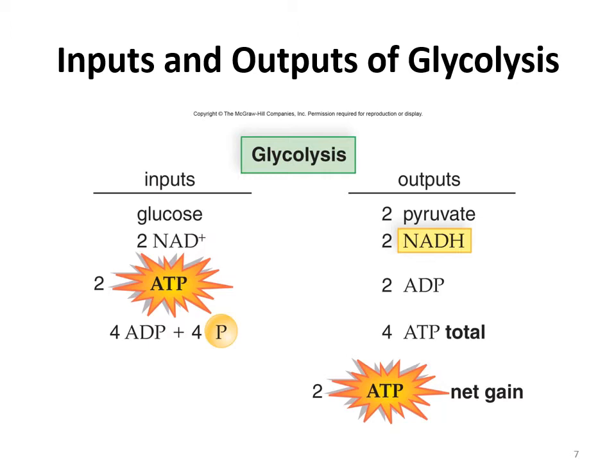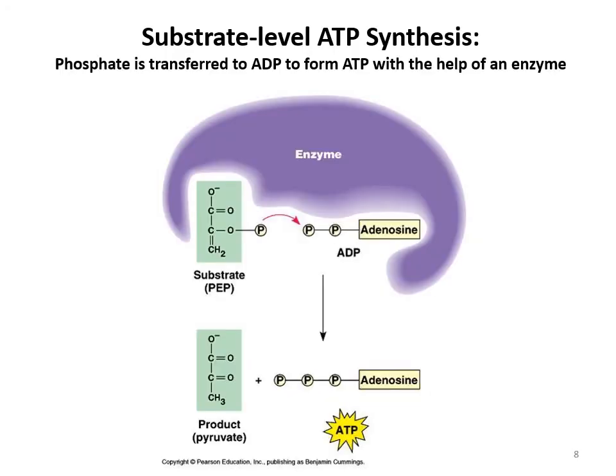I just care that you know glycolysis gives the cell 2 ATP, and it gives it whether oxygen is present or not. And the way that it gives that ATP, or the way that it makes it, is through what's called substrate level ATP synthesis. You will see this come up a lot in this class, so circle star highlight that term, substrate level ATP synthesis, and remind yourself that, again, the key to ATP being a high energy molecule lies in the phosphate bonds.